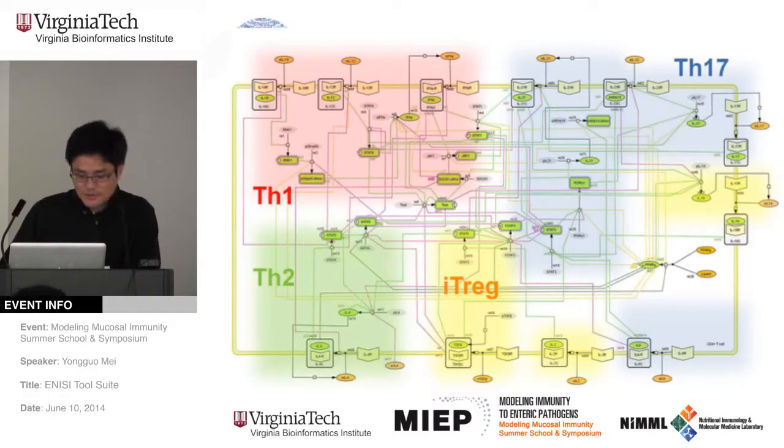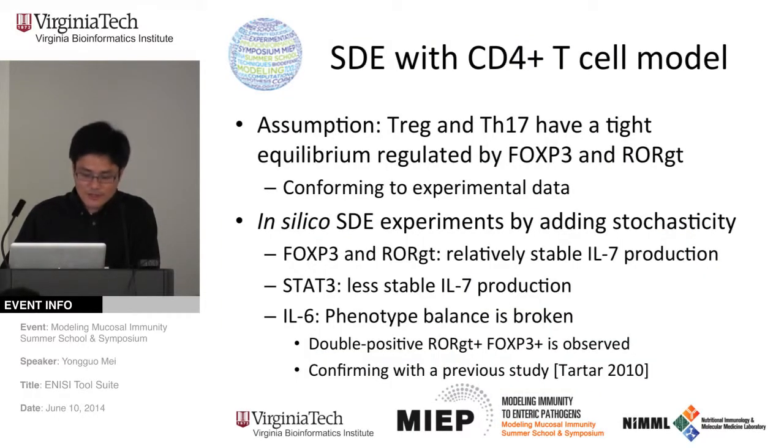So you have seen this a lot. And here basically we assume Treg and Th17 have a tight equilibrium regulated by FOXP3 and RORgamma t. This actually has some theoretical background from biology.